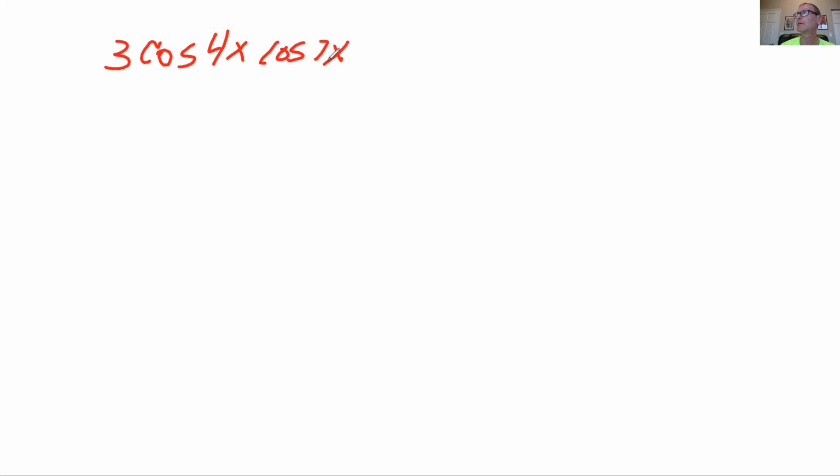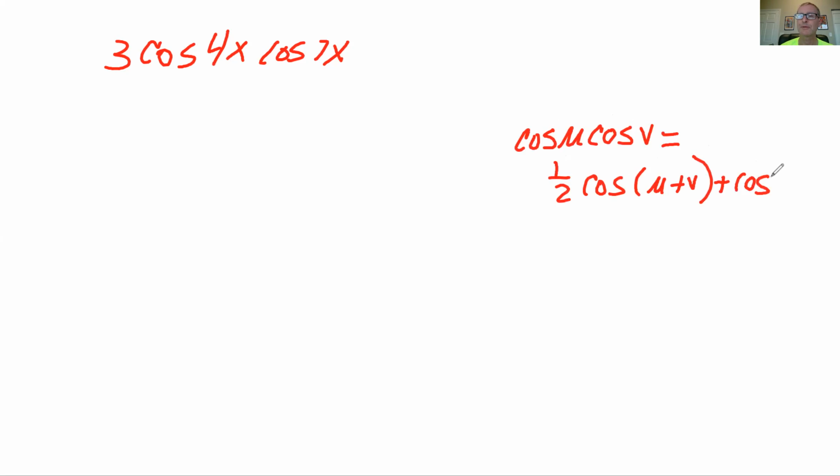So if you wanted this one, and let me just put it over here, this would be cosine of u, cosine of v, and that would equal 1/2 cosine of u plus v plus cosine of u minus v. So that's the one that we're going to use.